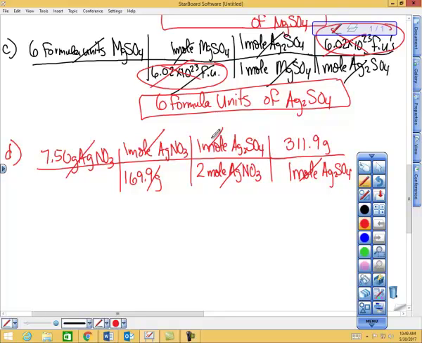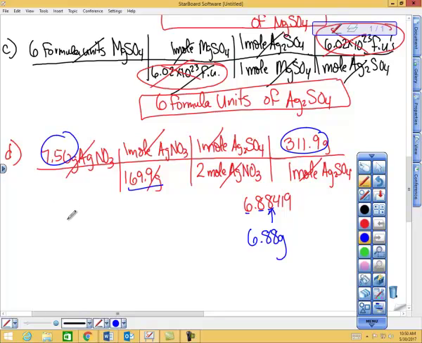7.5 divided by 169.9 divided by 2 times 311.9. I get 6.88419, and it continues. So how many sig figs here? This guy's got 3. This has 4. That doesn't count. This has 4. So we should probably do 3. 1, 2, 3. Do I need to round that last 8? No. So 6.88 grams.